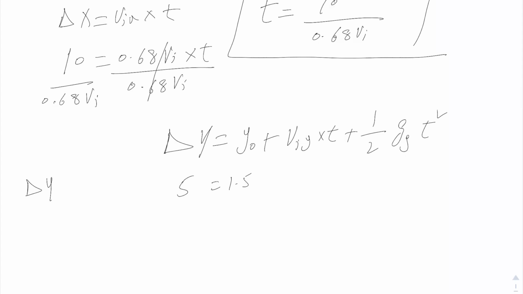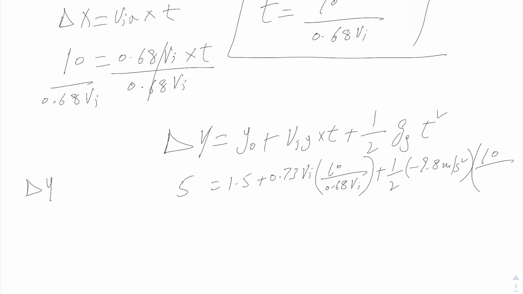And the y component of the initial velocity is 0.73 vi, and then we will plug in the value of time, which is 10 over 0.68 vi, plus 1/2 times the value of g in the y direction, negative 9.8 meters per second squared, times the time, 10 over 0.68 vi, and then we'll take the square of it.